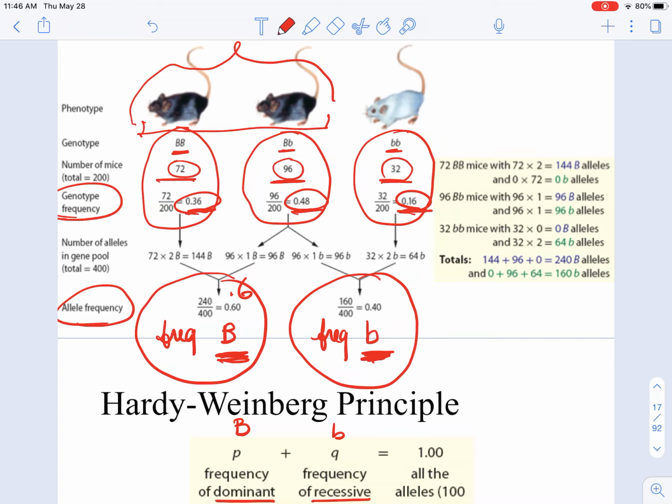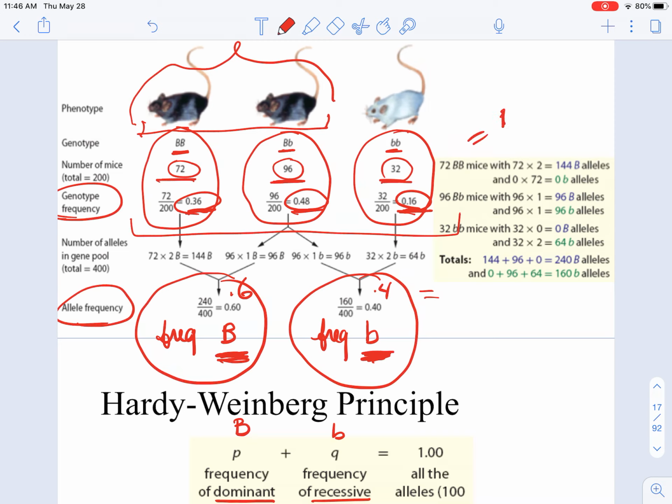And in this case, it says there's 0.6, 60% of the alleles are dominant ones, and 40% would be recessive ones, realizing that 0.6 and 0.4 equals 1. So that's 100% of them are either big B or little b.